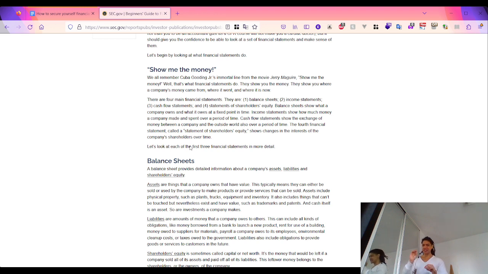Then trademarks, which are exclusive audio, image, or design that uniquely identify a company from the competition.